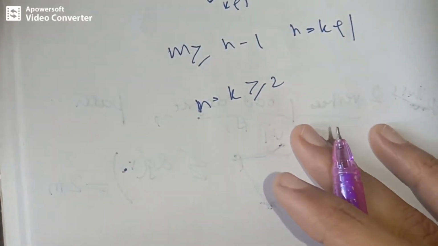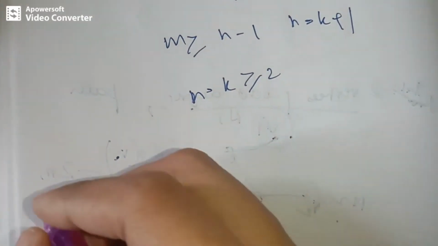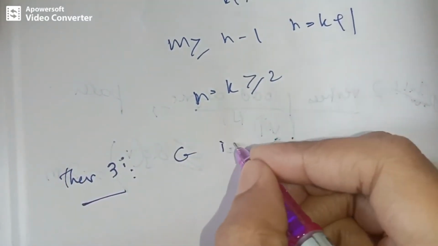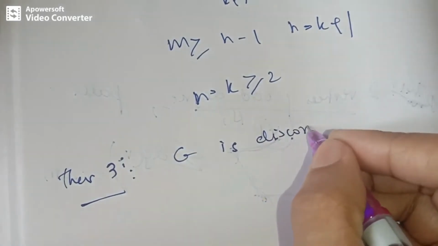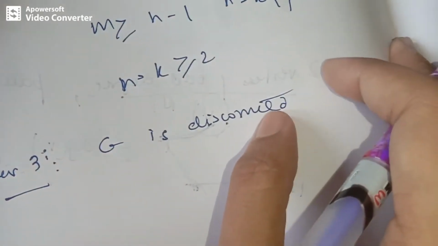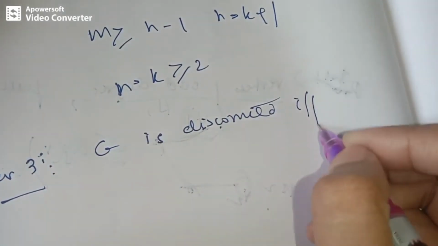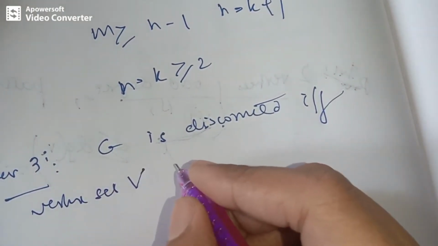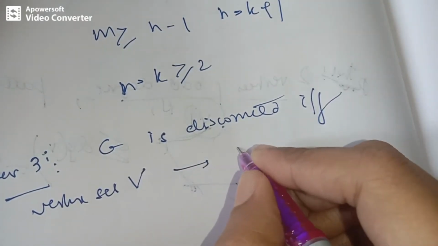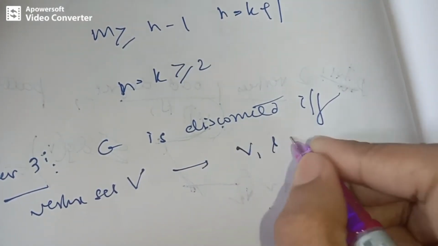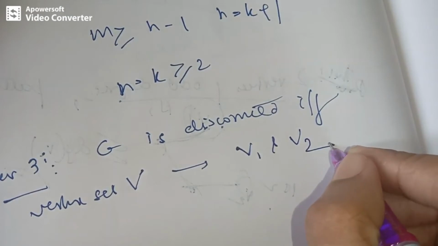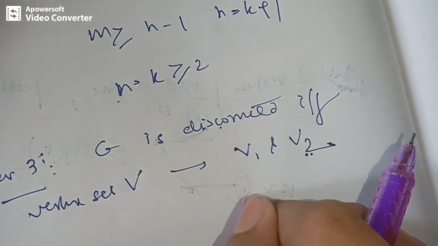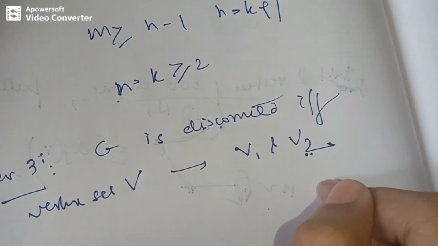So the next theorem is: if G is a disconnected graph, and it happens to be disconnected if and only if its vertex set V can be partitioned into two disjoint non-empty subsets V1 and V2 such that there exists no edge in G whose one end vertex is in V1 and the other end vertex is in V2.